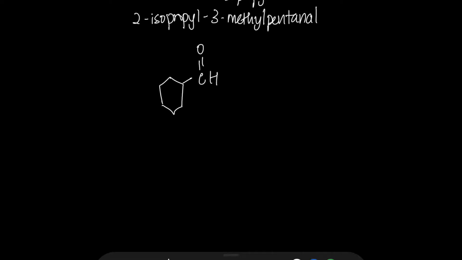Now we have aldehyde functional group attached to a cycloalkane. So to name this kind of structure, it should be cycloalkane carbaldehyde. Okay, remember, this is cycloalkane carbaldehyde.